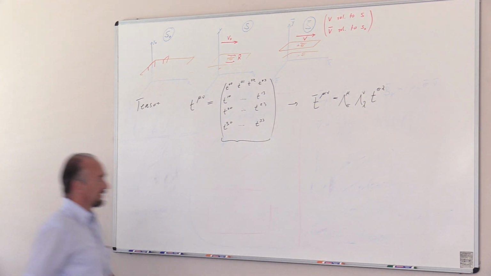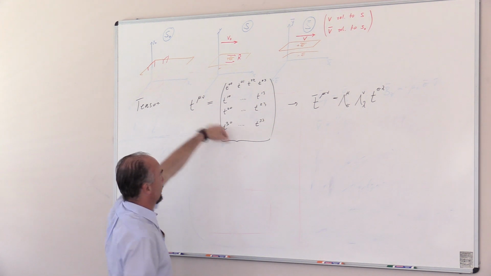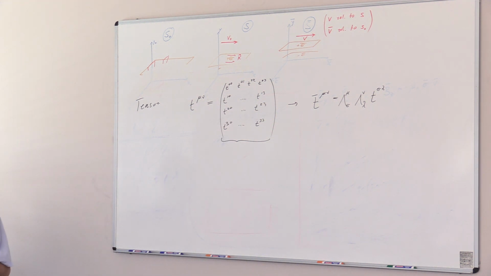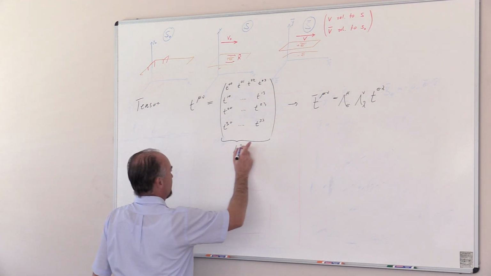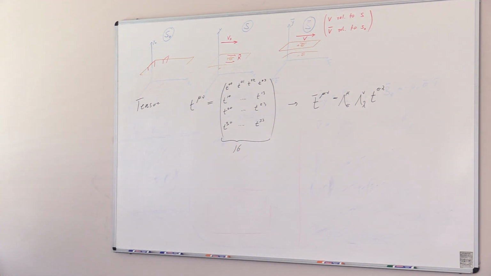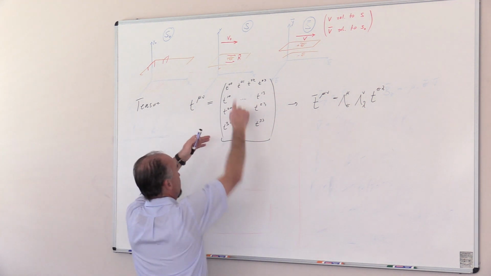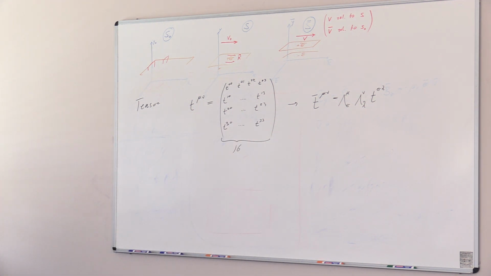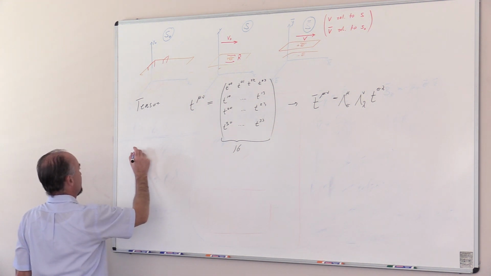So with a 4-vector, we had too few entries to have 3 magnetic and 3 electric field components, right? How many entries do we have in a tensor? 4 times 4, 16. That's obviously way more than we need. Can we put some constraints, so that we don't leave all of them free? For example, we can say that the thing may be symmetric.